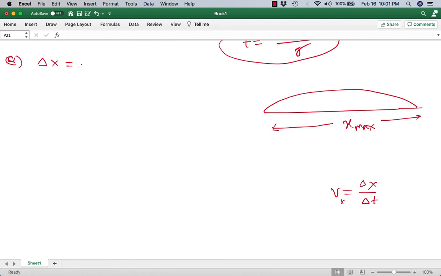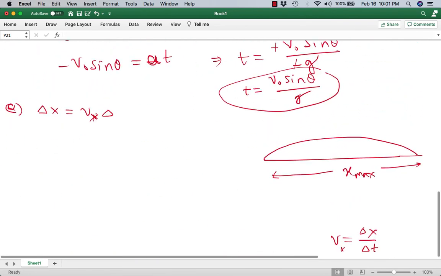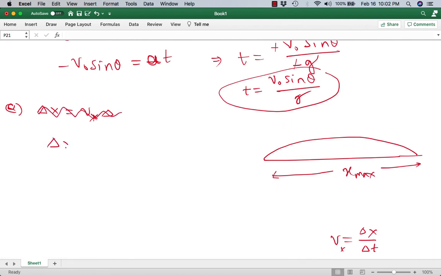So delta x is Vx times delta t, or just t. So we can just write delta x is equal to Vx t. And Vx, we already know, so that's V naught cosine theta. But we don't have t.